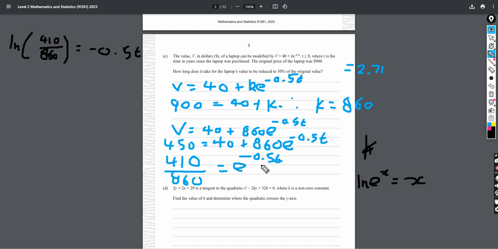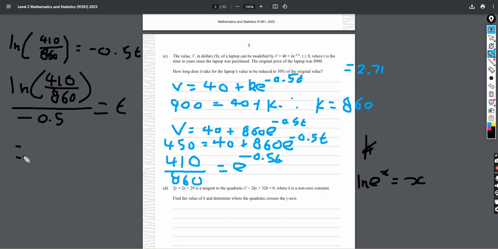So if we take ln of e to the minus 0.5t, we're just going to get this, and hence your answer will be ln of this equal to t. Then you put that in the calculator: natural log of 410 divided by 860 in the brackets, and then divide it by minus 0.5, and you're going to get about 1.48. Did I buy that? t is the time in years. Yep, I'd buy that. After 1.5 years, you lose half your value.